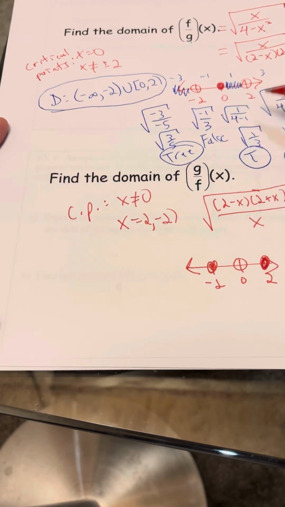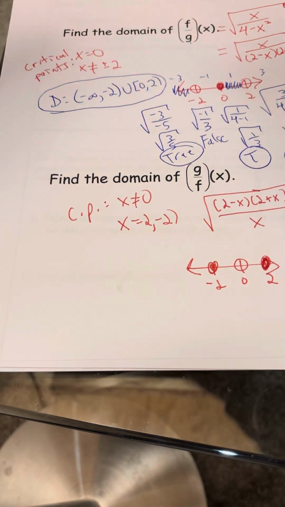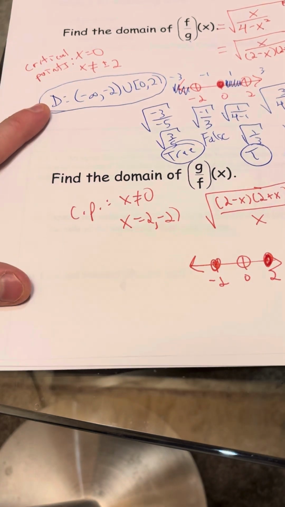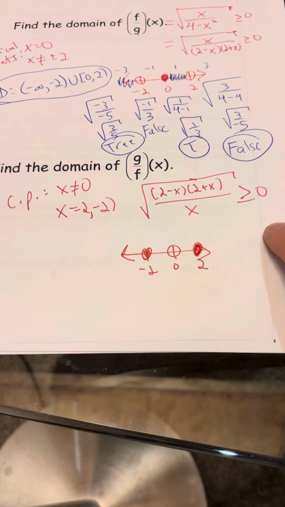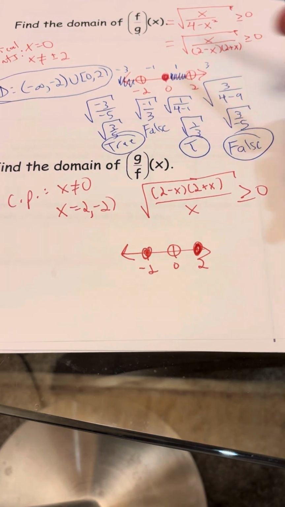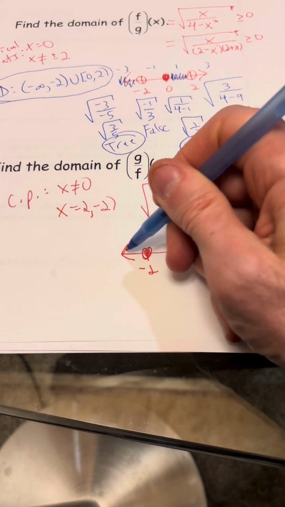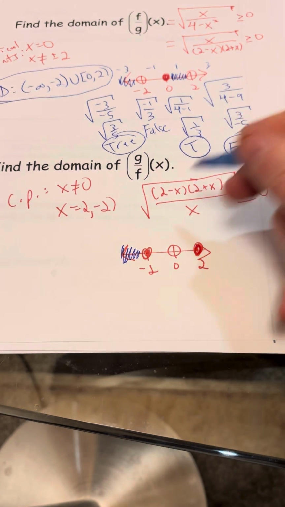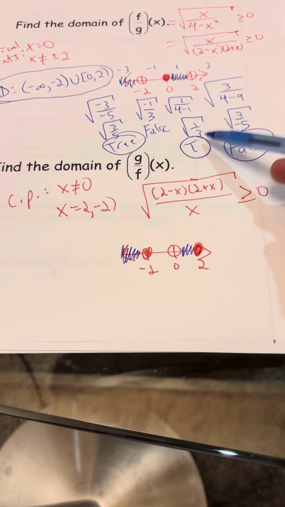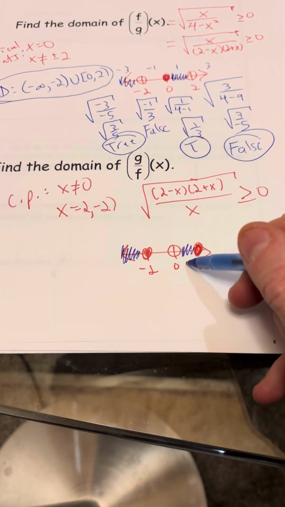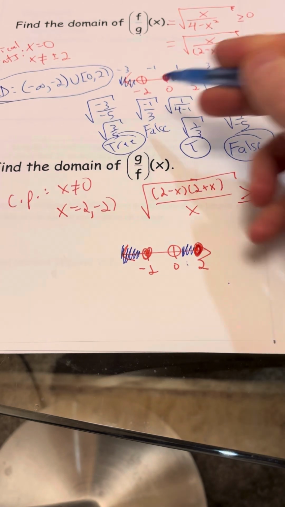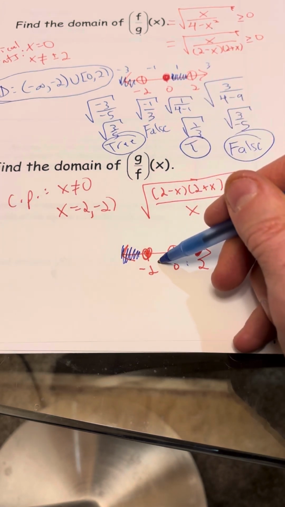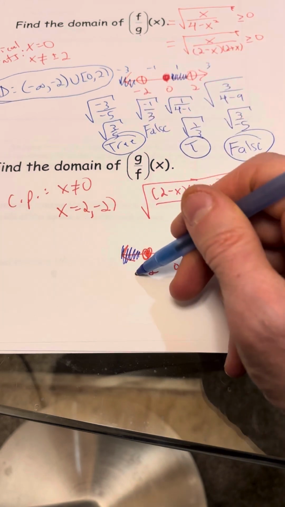So you can see each of your dots have changed, and because again this expression has to be greater than or equal to 0, the shading won't change. All that would happen, this would be the square root of 3, this would be the square root of negative 5/3, this would be the square root of negative 3, this would be the square root of 5/3.